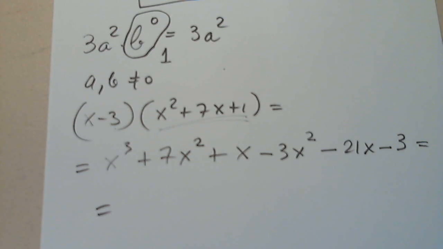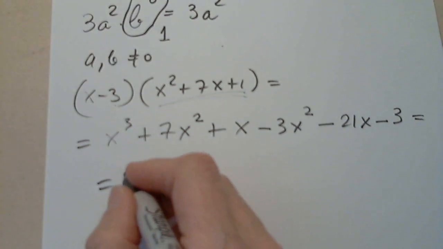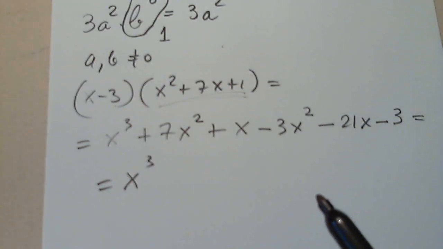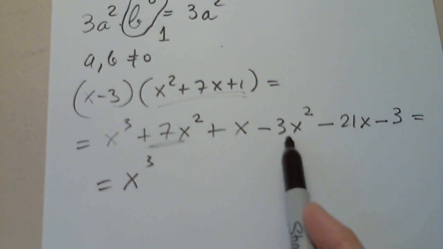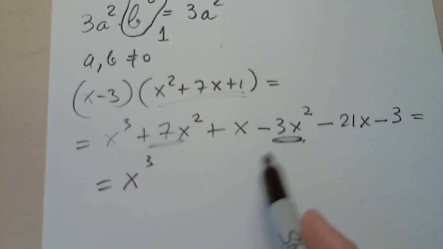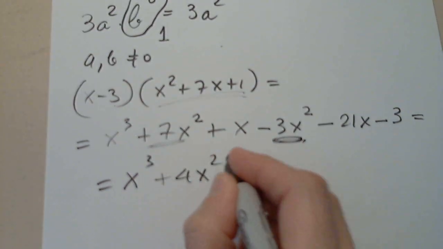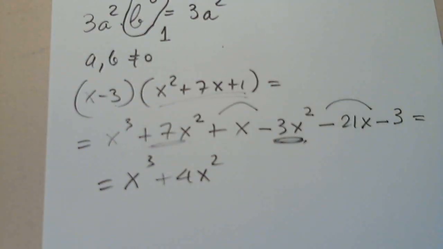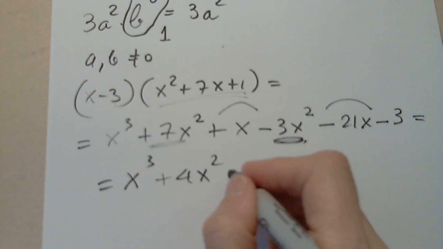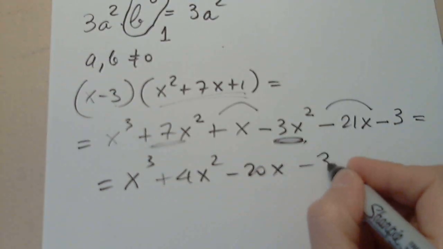We have to arrange it in descending order, in other words, simplify. So this is x cubed because it's by itself. I have to start with a degree, and that's the degree. Then I have to move on to terms with x squared, and I have positive 4x squared. Then the next in line, x minus 21x, which is negative 20x, and then the free term.